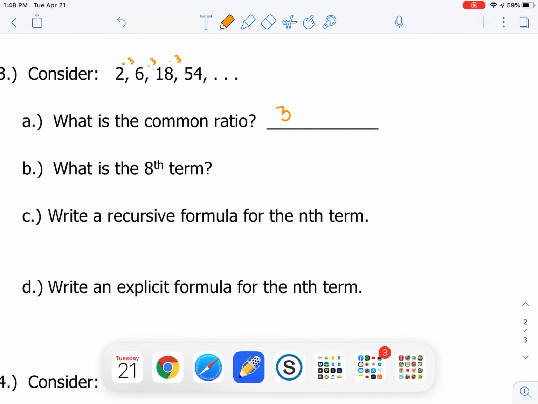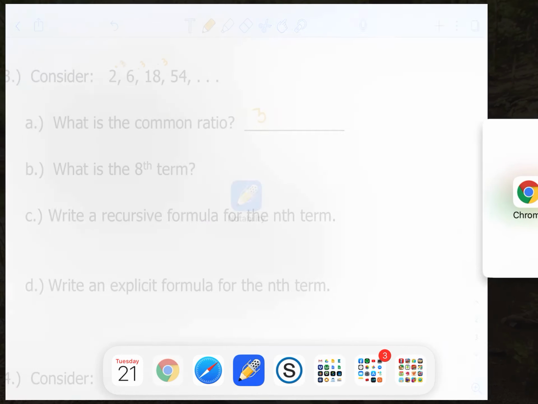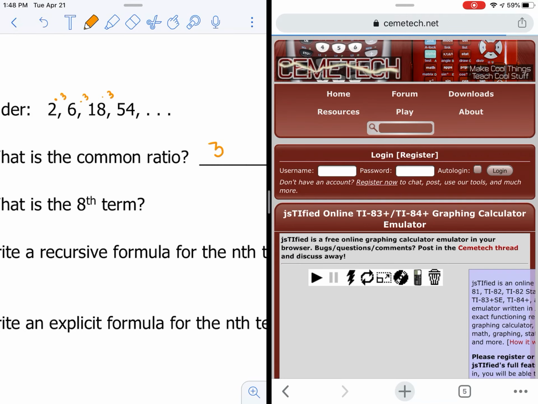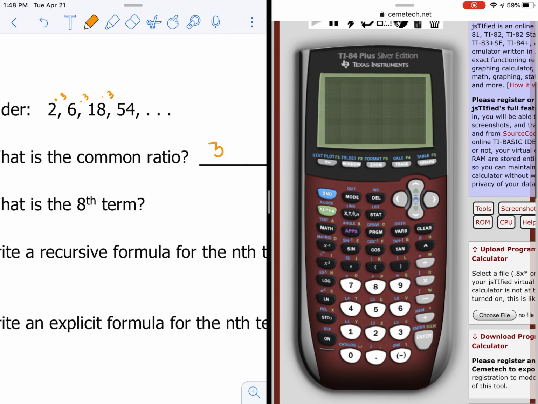Now, if I want to do this without any rules or formulas, what I can do is I can take the 54 and I can multiply that by 3 again. So again, this is if you know no patterns and you just see that it's multiplying by 3, you can get that the next term was 162. I can multiply that by 3 and get the next term is 486.